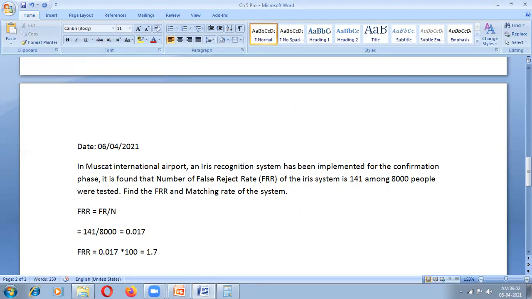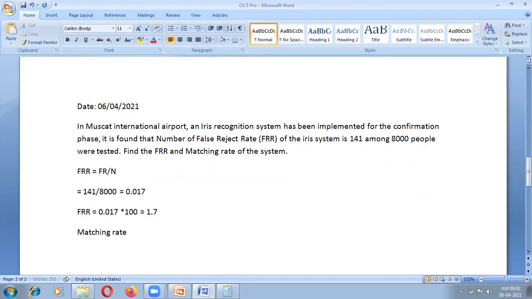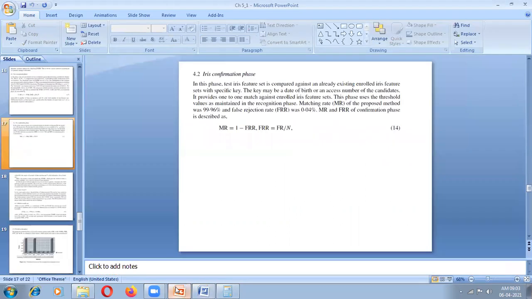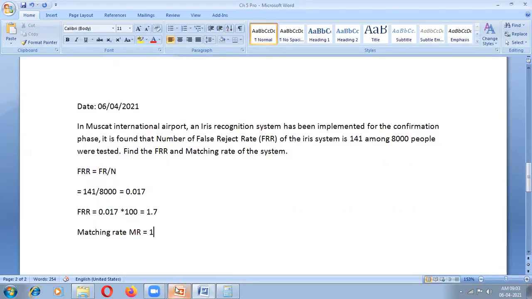So what is the matching rate? The formula for matching rate, MR equivalent to, already the formula is given, 1 minus FRR.